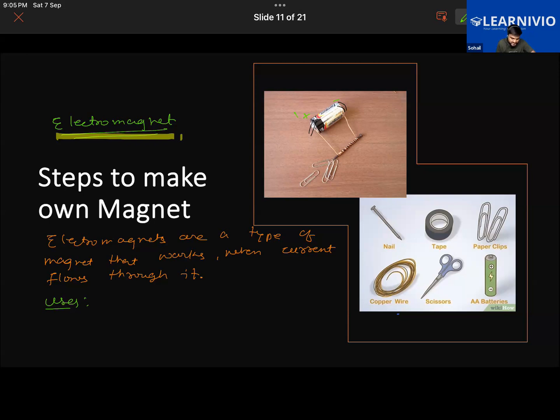Some examples are cranes to lift heavy iron objects and iron scraps. In doorbells also electromagnets are used. Furthermore, it is used in electric generators and in motors also. Write down these uses of electromagnets.